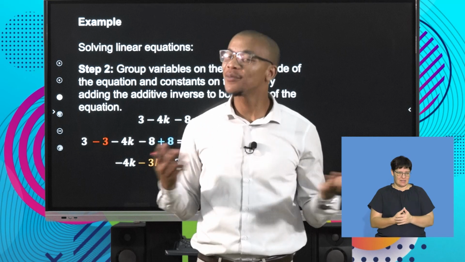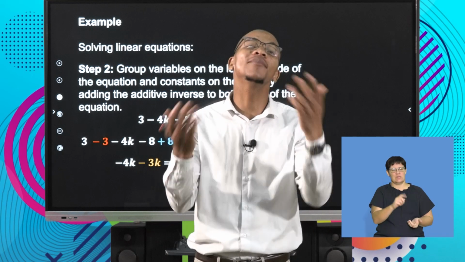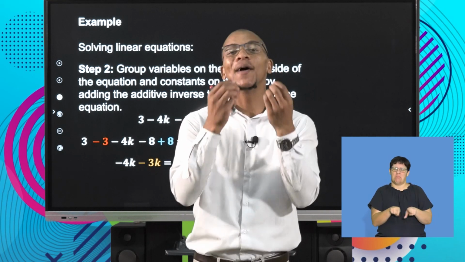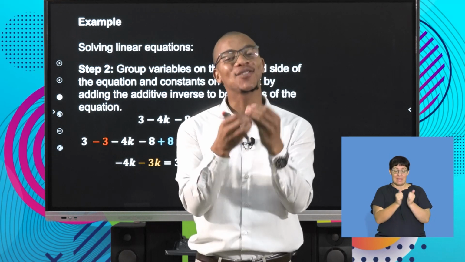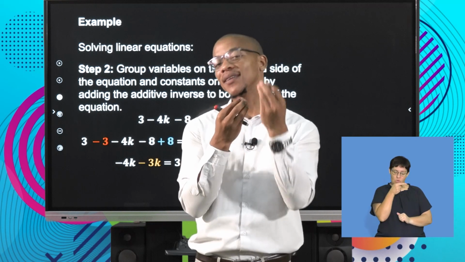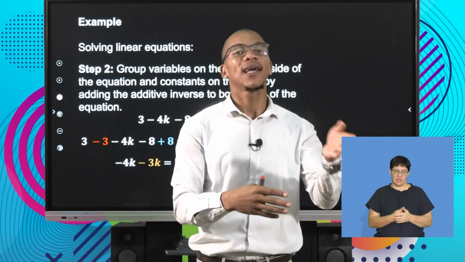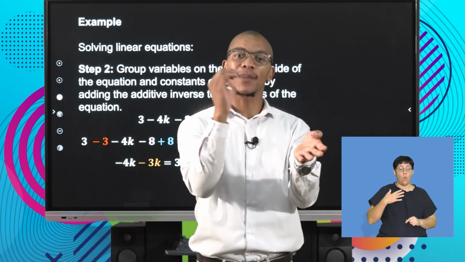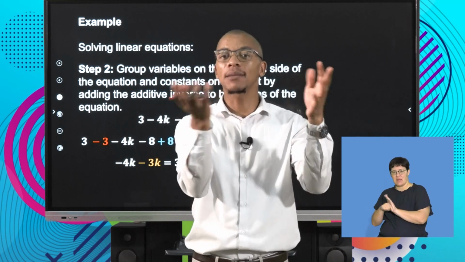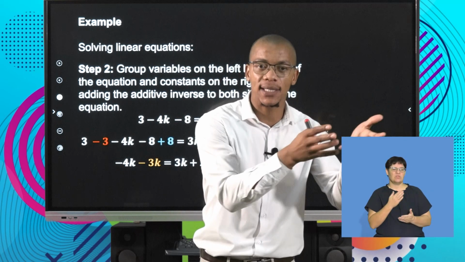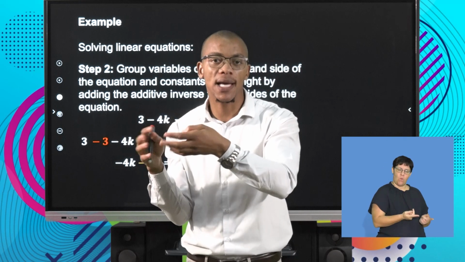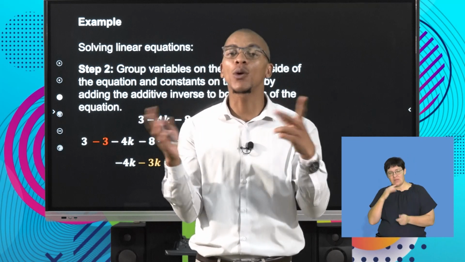Really, it means one and the same thing, right? But mathematically, it's you taking the additive inverse on both sides. So if it was a plus 3 and you want it to be 0, it must be minus 3, right? Because I'm trying to get rid of it on one side and take it to the other side. So I must subtract 3 on both sides.